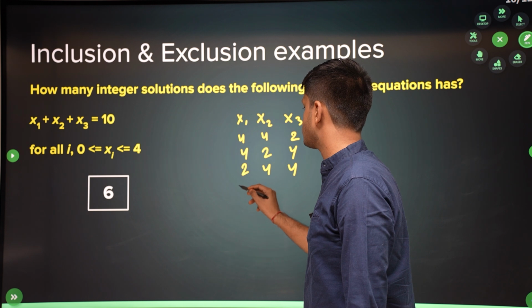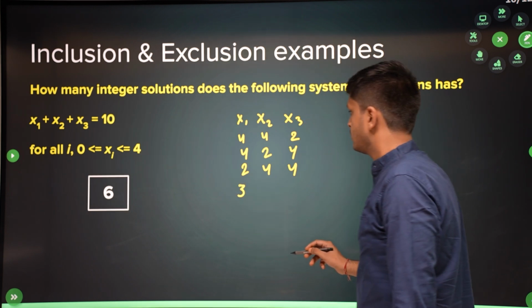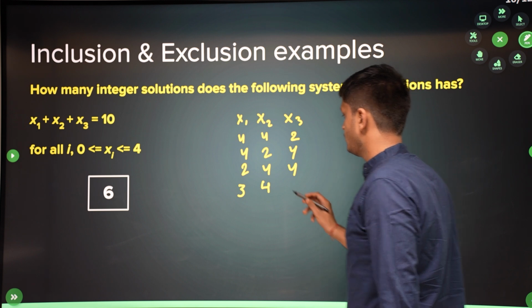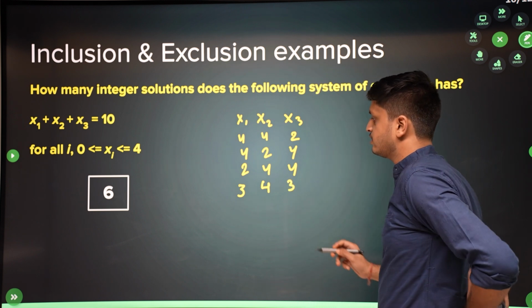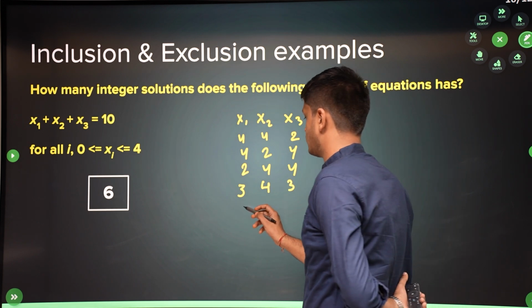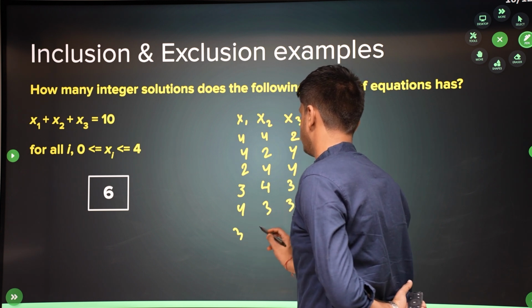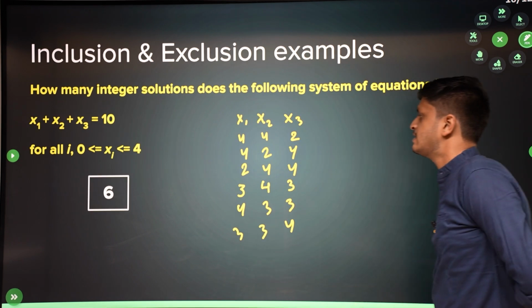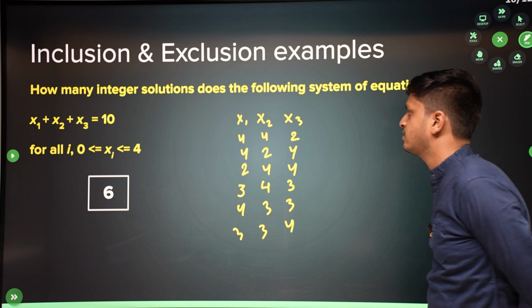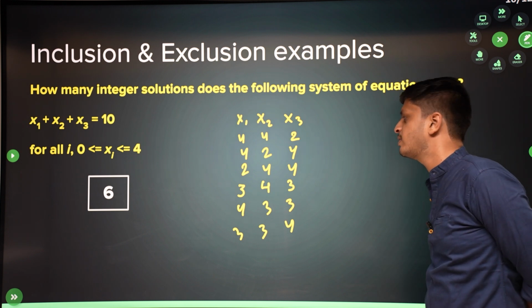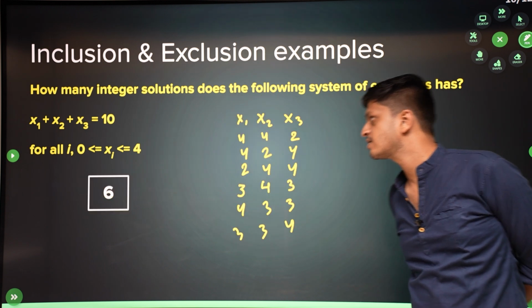Then let's say I make x1 equal to 3 and x2 equal to 4, and then 3. So 4, 3, 3. Then 3, 3, 4. So these are the only possible 6 solutions to this equation. You can check, you will not be able to get any more solutions.